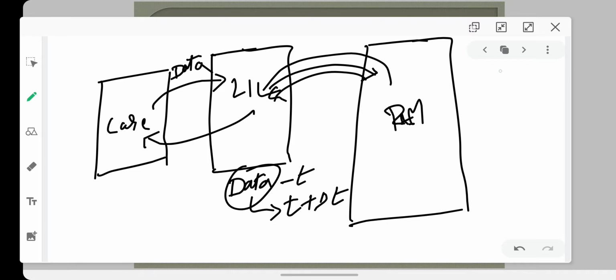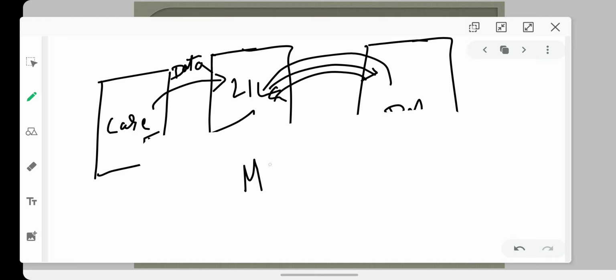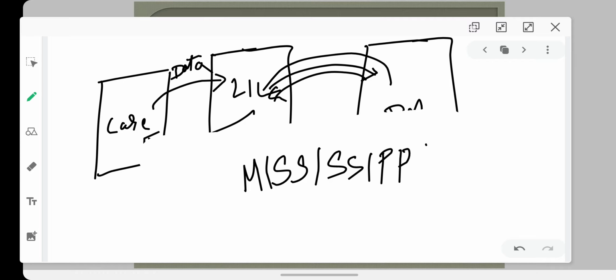Okay, so I will give an example now. For example, consider the word Mississippi. When you bring this particular I to the cache, what are you seeing in this word?